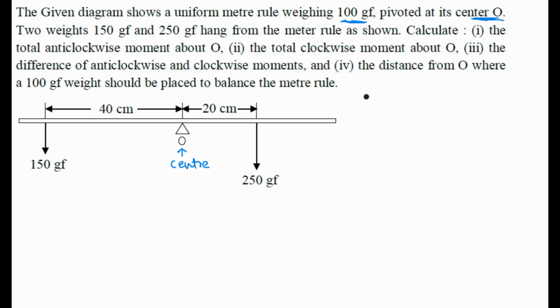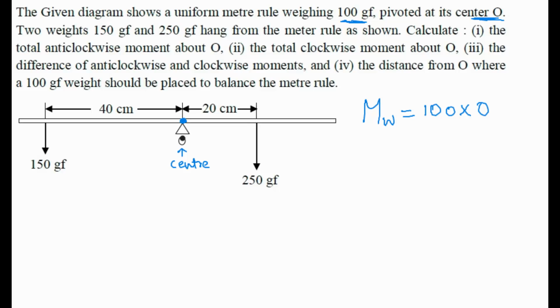Now, because of its own weight, what will be the net moment? The moment due to its own weight will be equal to 100 into 0, because it's pivoted at the center itself. Its mass will be concentrated, or its center of gravity will be at this point, and it's pivoted at the center itself.